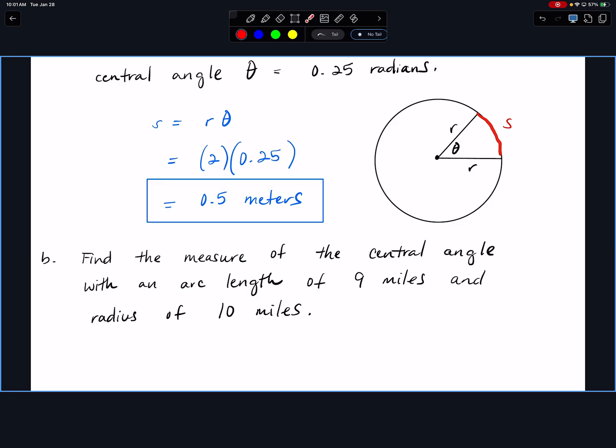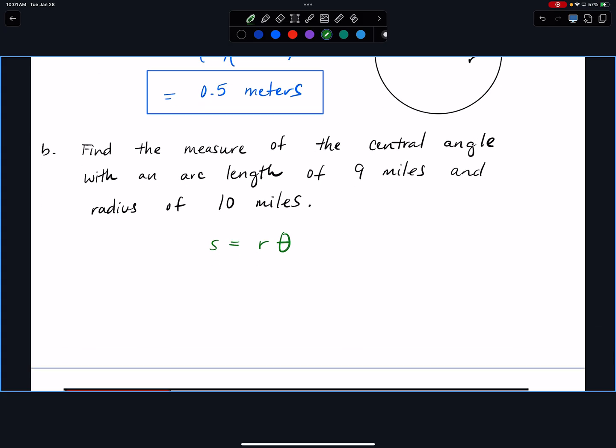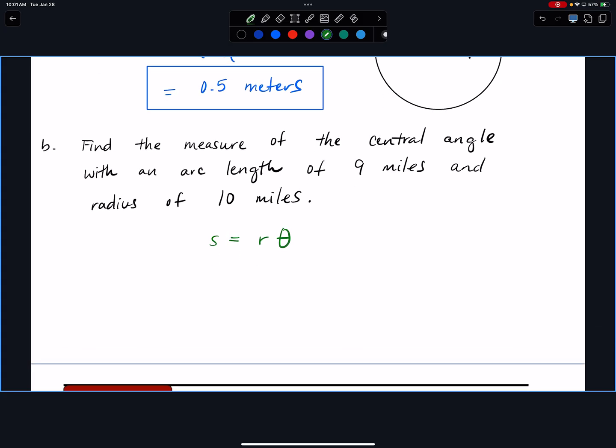From my formula, which variable are we solving for if we're trying to figure out the angle? Theta. So s is equal to r theta. What does s stand for? The arc length. What's the measure of the arc length? 9.